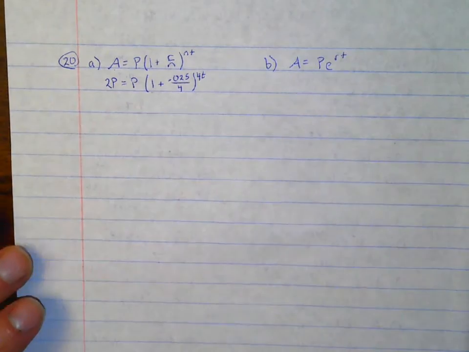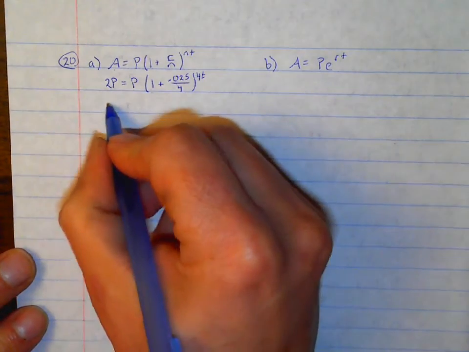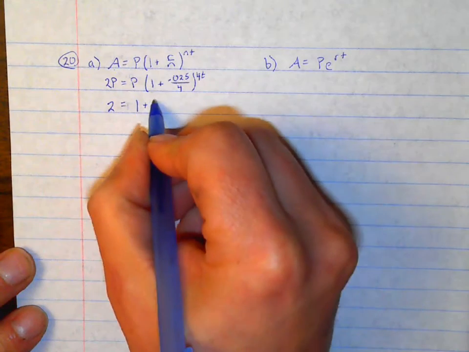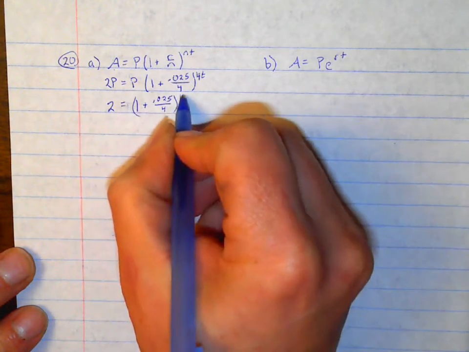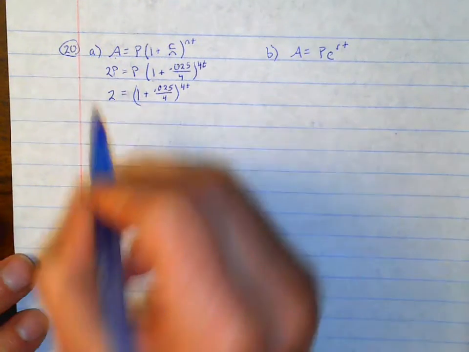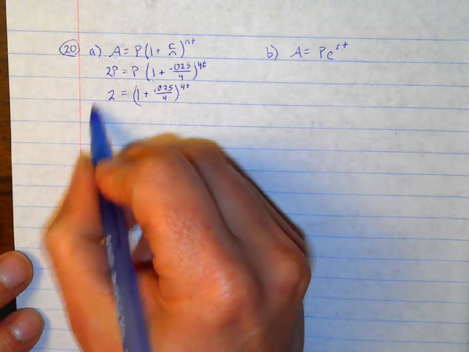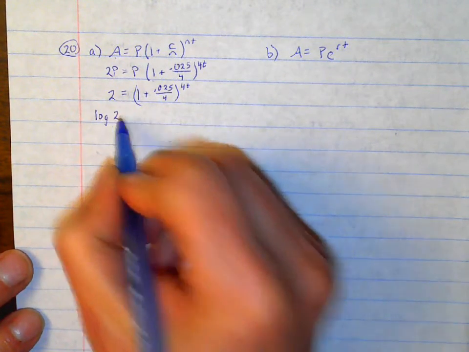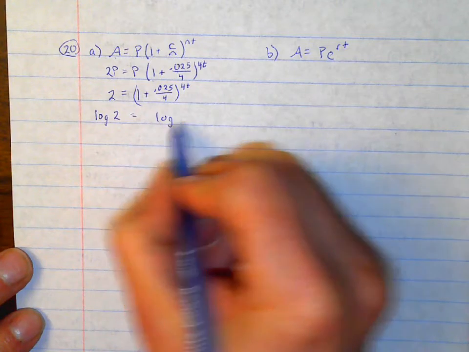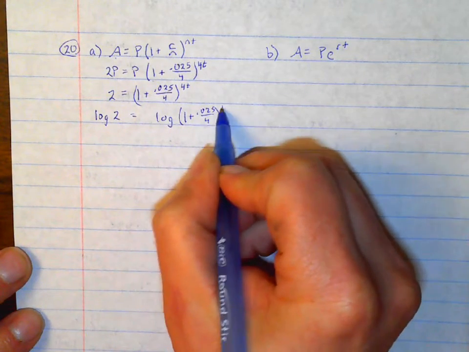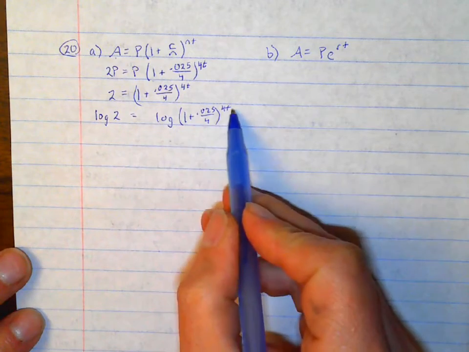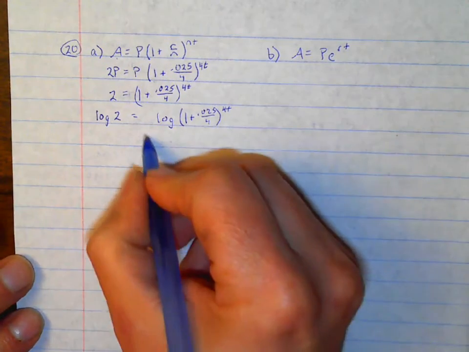Okay, so first thing I would do is divide by the P's. And then take the log of both sides. So log of 2 equals log of this. Okay, remember if it's raised to a power, I can use the power rule, bring that out front.